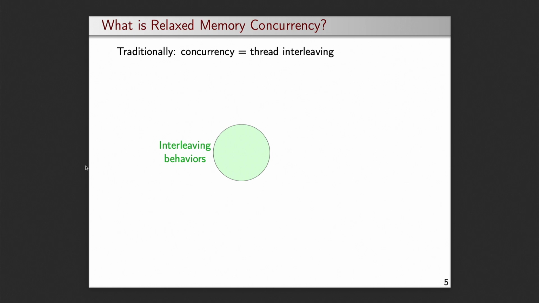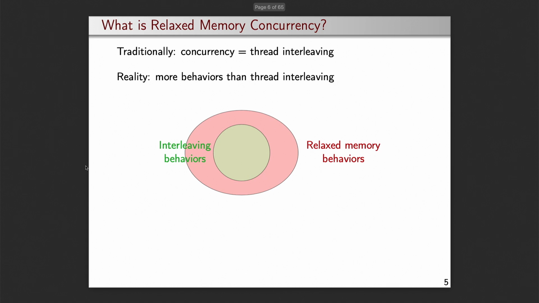How do we understand that? Suppose we take a program and try to understand the set of possible behaviors. Let's say this is the set of behaviors you can get from thread interleaving. However, there are additional program behaviors known as relaxed memory behaviors, and these models are overall known as relaxed memory concurrency.